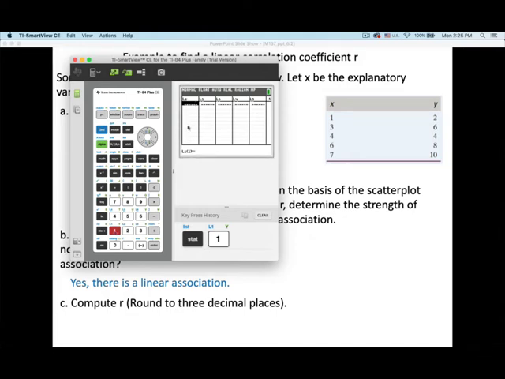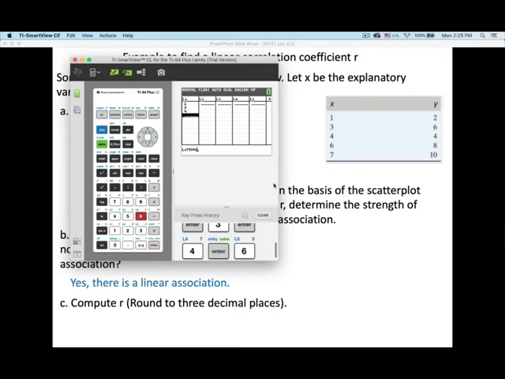In L1, we're going to plug in my x values. So 1, enter, 3, enter, 4, enter, 6, enter, 7, enter. And for L2, we're going to do it one by one also. 2, enter, 6, enter, 4, enter, 8, enter, 10, enter.